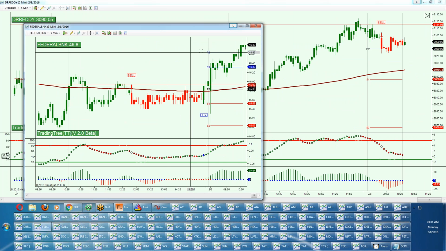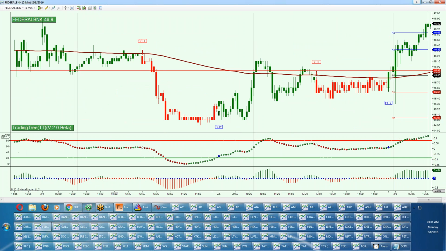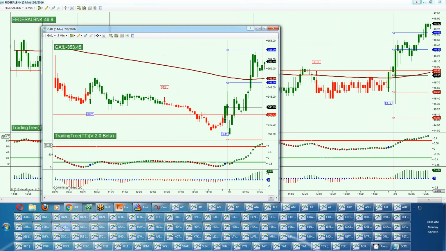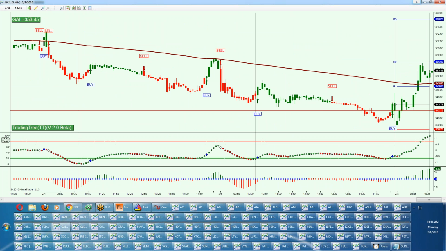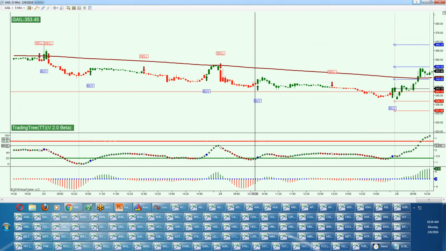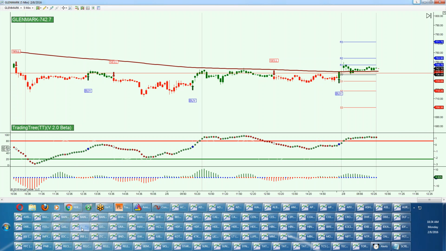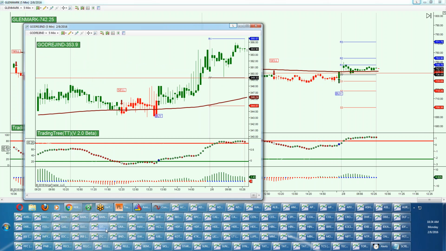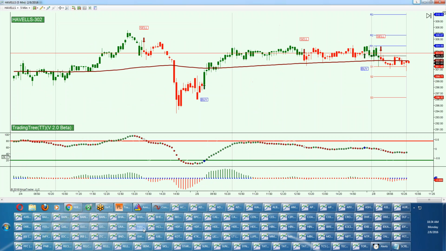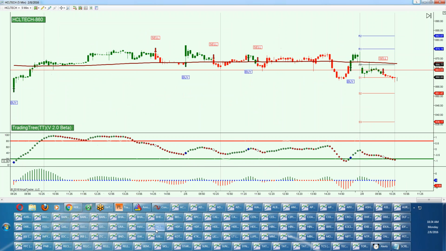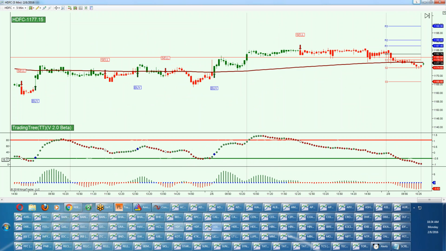That's Federal Bank. It's Gale. Glenmark, Godrej, Grasim, Havells, the sell has triggered. Same thing with HCL. It's HDFC, HDIL.